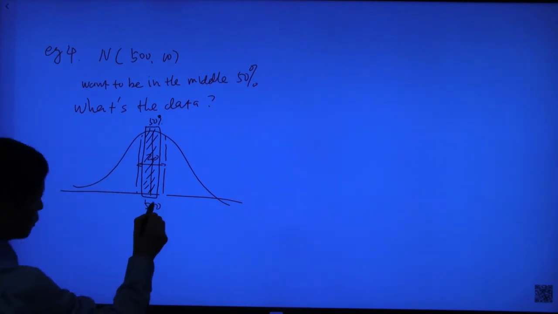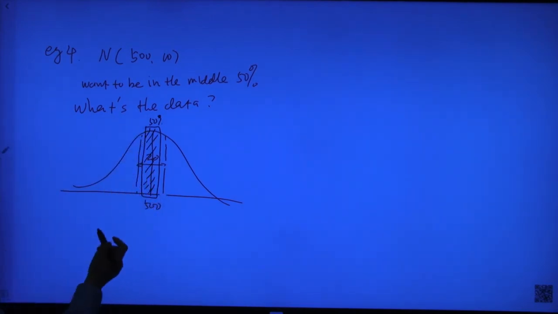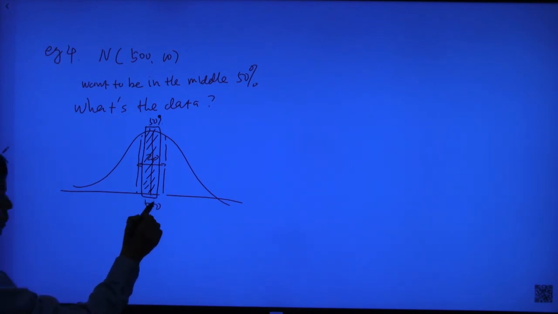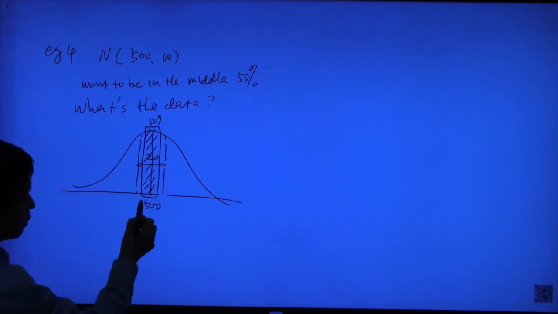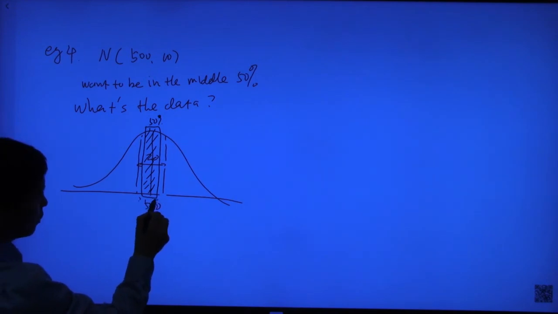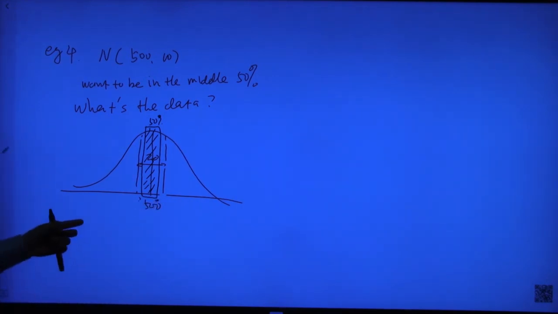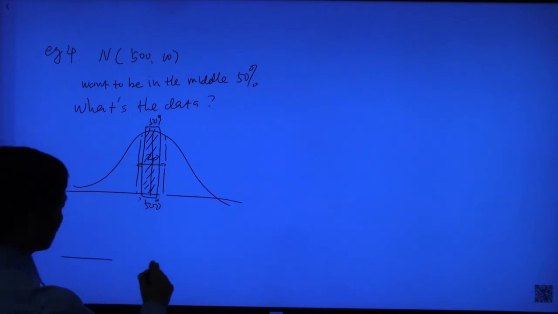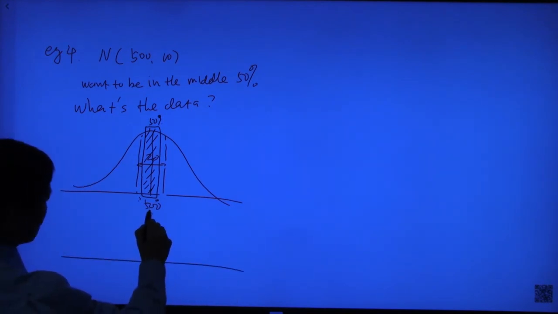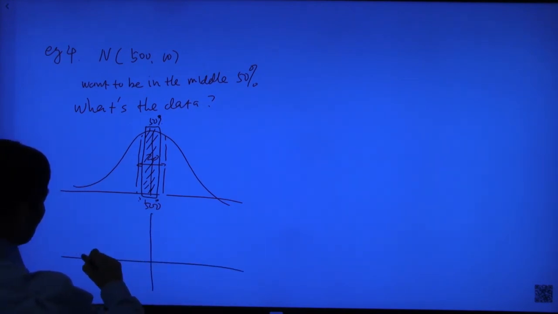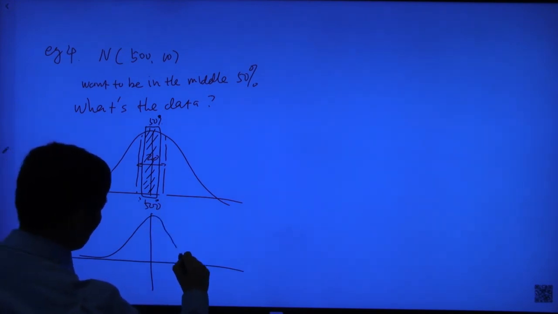What we are looking for is what the data is supposed to be. The data must range from somewhere here to somewhere here, so we are just looking for these two numbers. That's the problem. Again, we need to standardize the normal distribution.